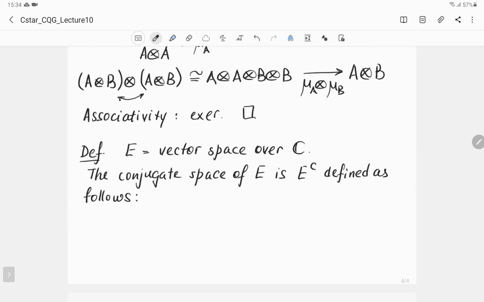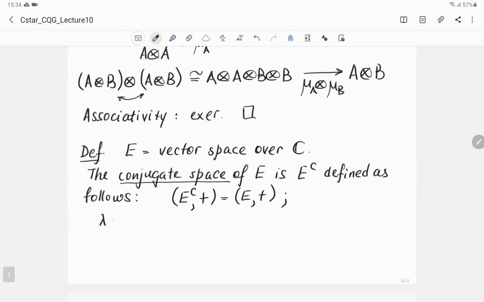First of all, as an abelian group, this space is identical to E. So the underlying abelian group is the same. But the multiplication by complex numbers is different.